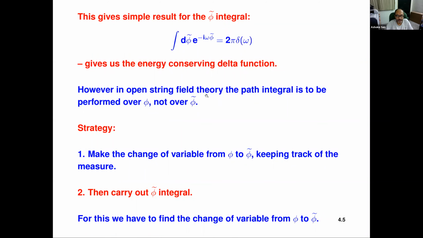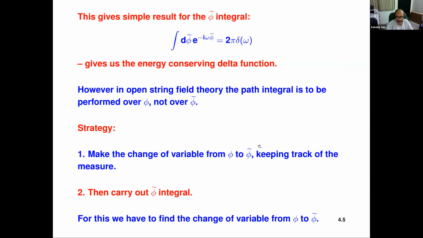But in open string field theory that we are using, of course, the path integral is not supposed to be done over phi tilde. It's supposed to be done over phi, because phi is the open string field. And in an open string field theory, you are supposed to path integrate over all the open string fields. So the strategy that we will follow is to first make a change of variable from phi to phi tilde.